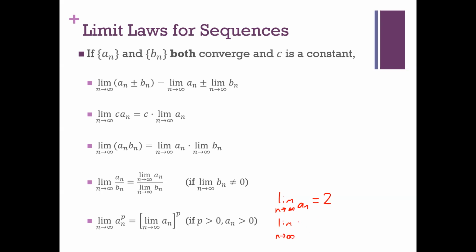What's the limit as n goes to infinity of a sub n to the power of 4? What does that have to be? 16, right? So that one, we didn't violate anything. We have a positive power. We have the terms in the sequence converging to a positive limit. But what if the terms converge to negative 2? Actually, that's not a good example. Let me think more about this one and see if I can come up with a good counterexample, and why I need those qualifiers.